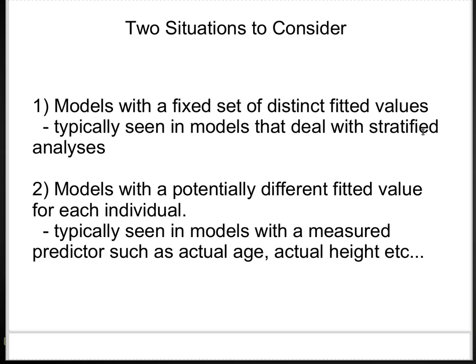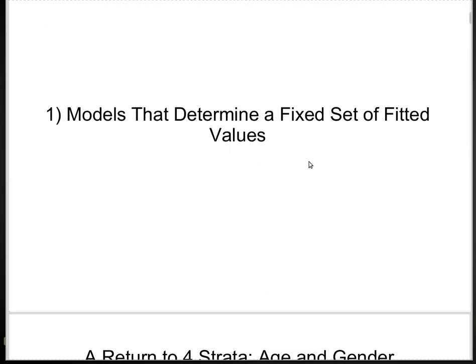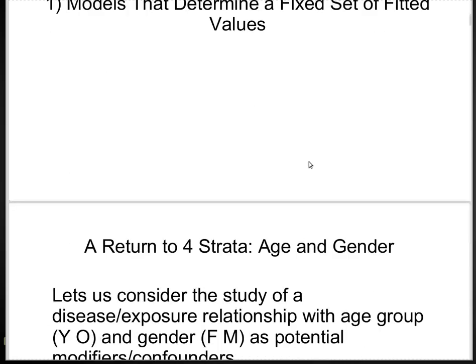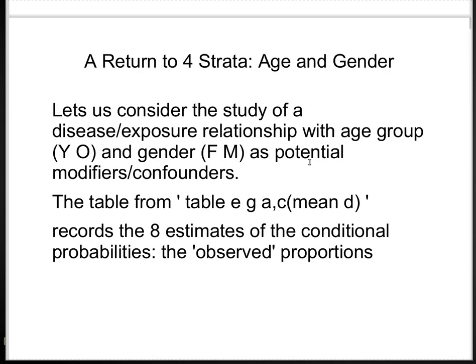So there isn't actually any grouping at all, except by coincidence. So let's have a look at the first type, in which models have a fixed set of fitted values. And in order to do that, we'll return to a circumstance we saw very early on.